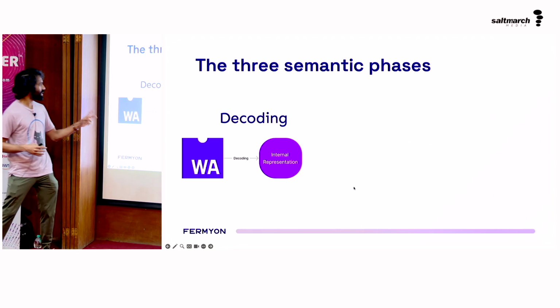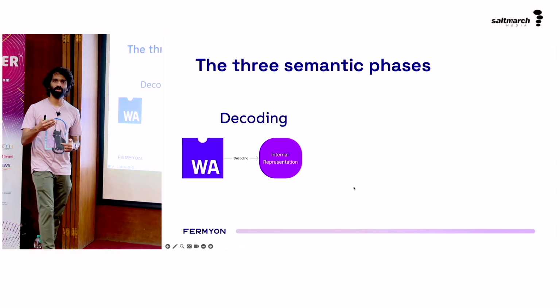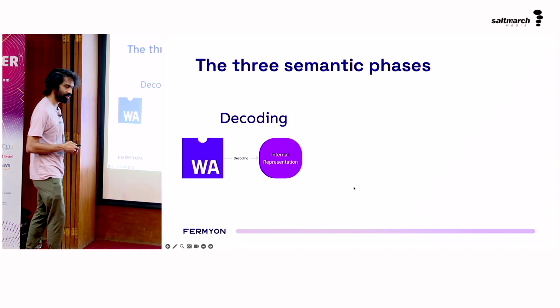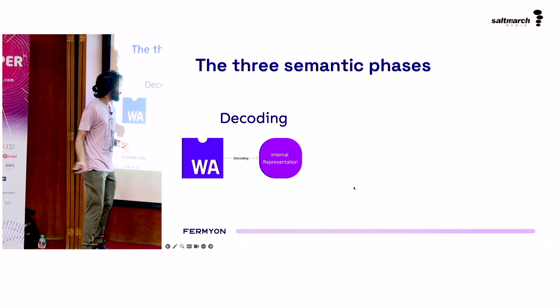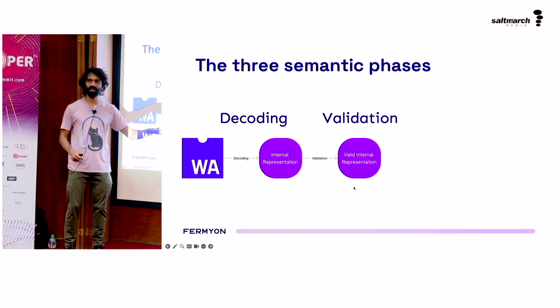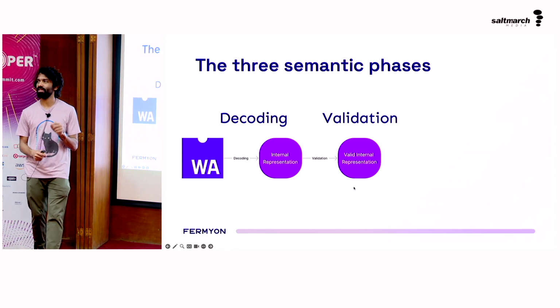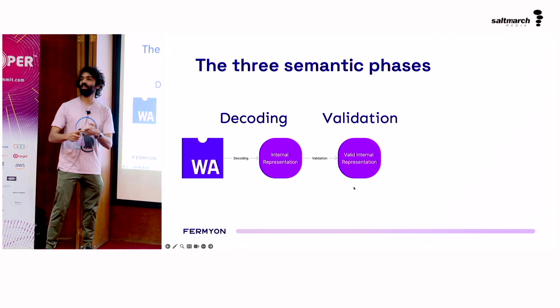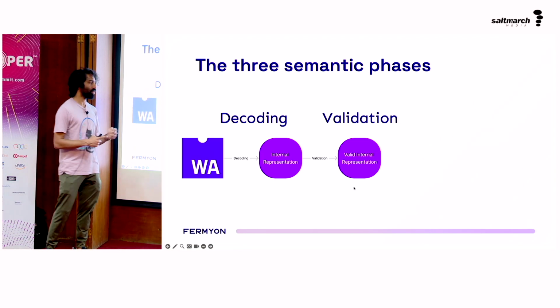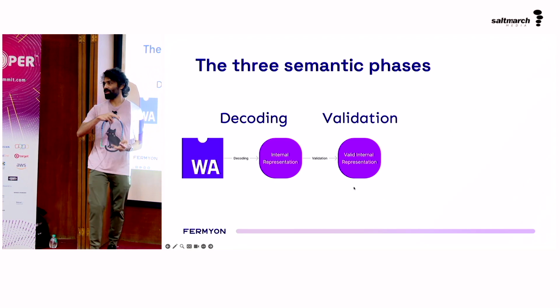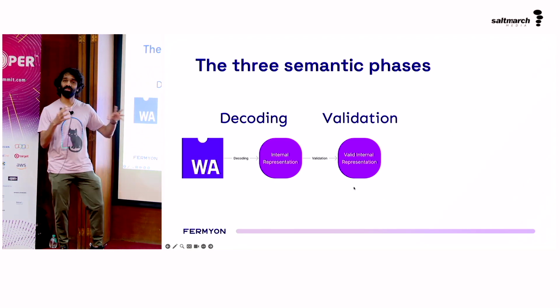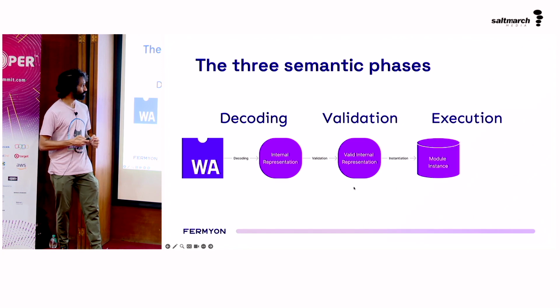It checks the internal representation of your WASM module, and if it's what it says it is. And then there is a validation step where everything about the code that you've written in that WASM module is double checked. So it checks if your function's too long, if the functions that you call are actually there. There are some other security steps. So this is a validation step right there.